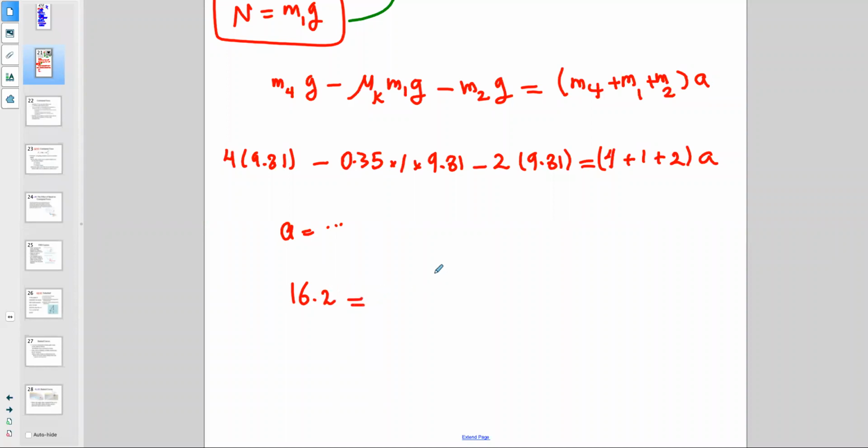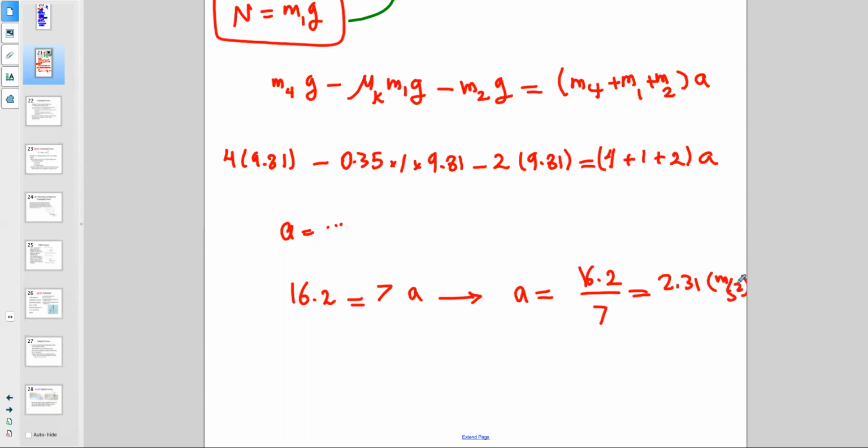On the right-hand side, I have 4 plus 1, which is 5, plus 2, it's 7. So 7 times A. I can find A easily. A is 16.2 over 7. So if I do that, I will get 2.31 meters per second squared as the acceleration of the system.